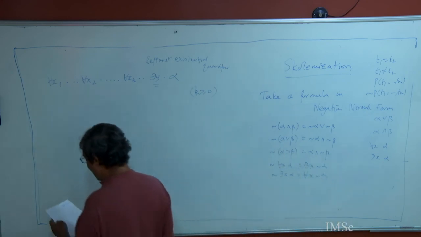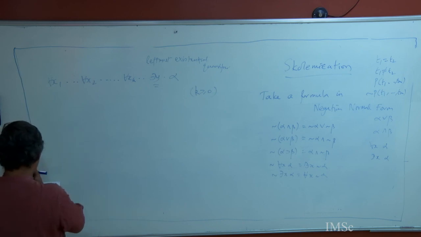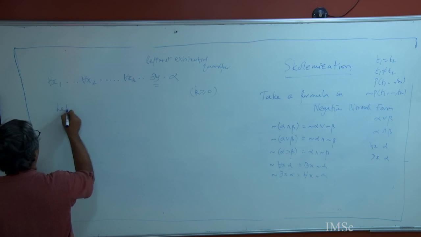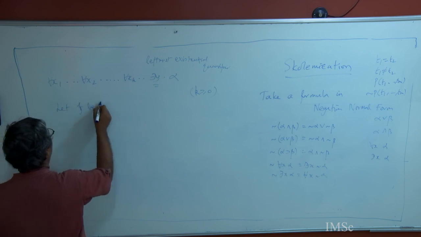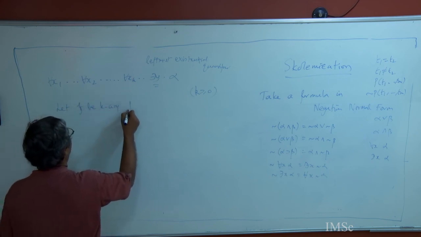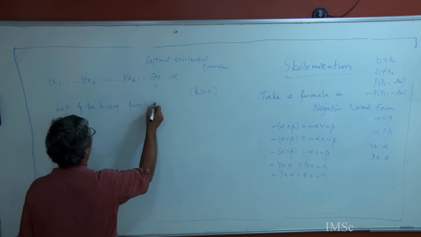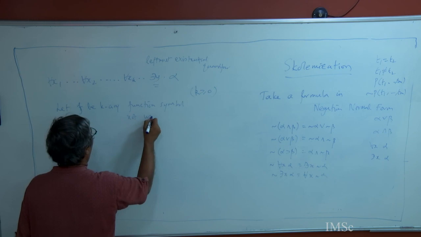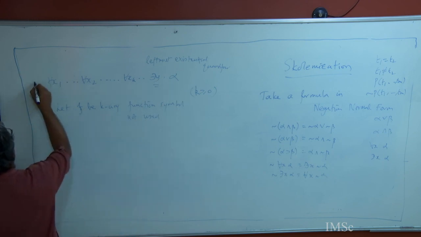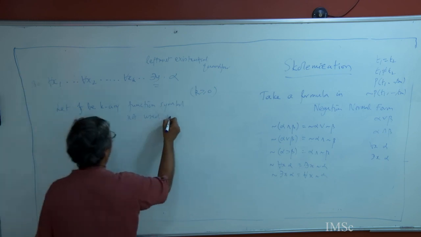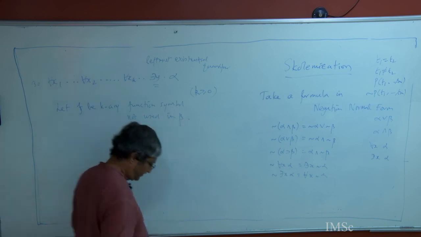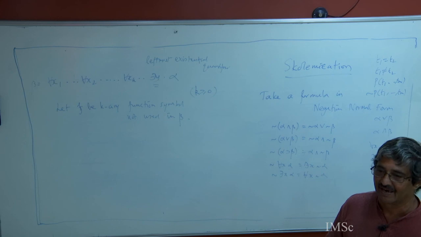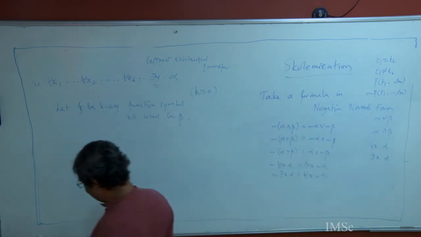So now the idea is, let f be a k-ary function symbol not used in the formula. Let me call this formula beta, where we are beginning. Take a new function symbol not used anywhere in the formula and replace.